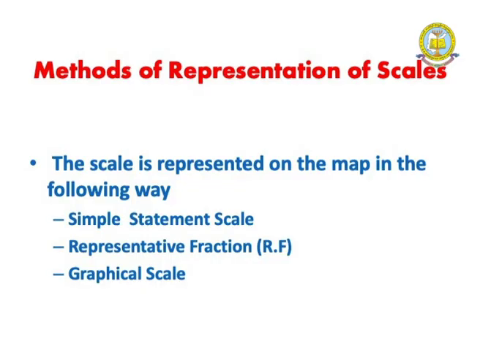The methods of representation of map scale are different. We basically have three representations of map scales. One is the simple statement scale, the second is the representative fraction, and the third is the graphical scale. The statement scale means, as we have just seen, 1 centimeter is equal to 40 kilometers, or 1 centimeter is equal to 50 kilometers.